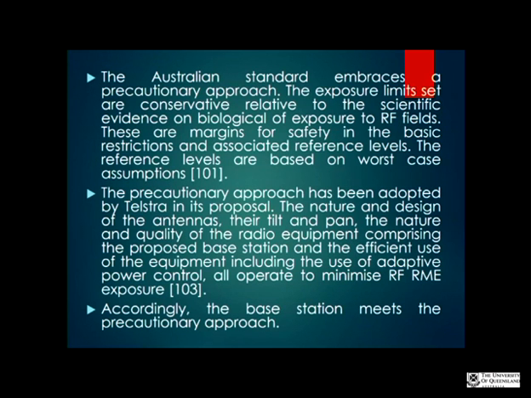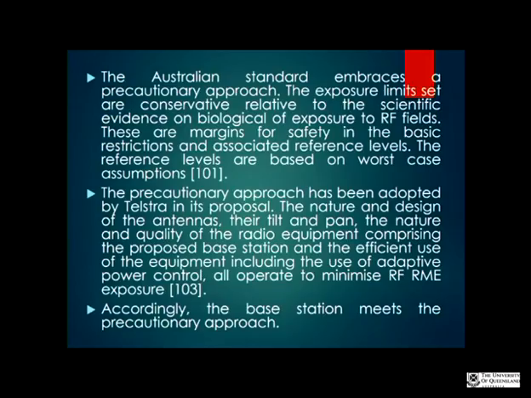And then, in fact, they went on to say that the standard itself had a precautionary approach embedded in it. They'd gotten experts who had shown that the exposure limits that they had used were very conservative, there were margins for safety, and they had based their reference levels on worst-case assumptions.